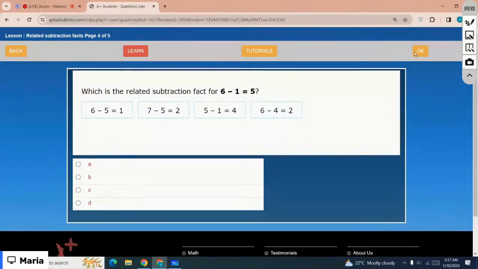Which is the related fact for 6 take away 1 equals 5? Which is the correct option? Yes, that is option number A. 6 take away 5 equals 1. A is the correct option.